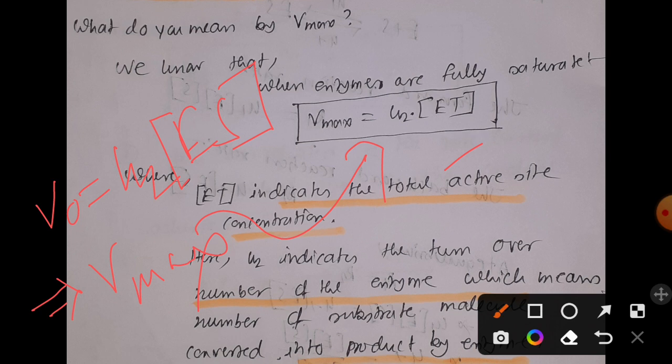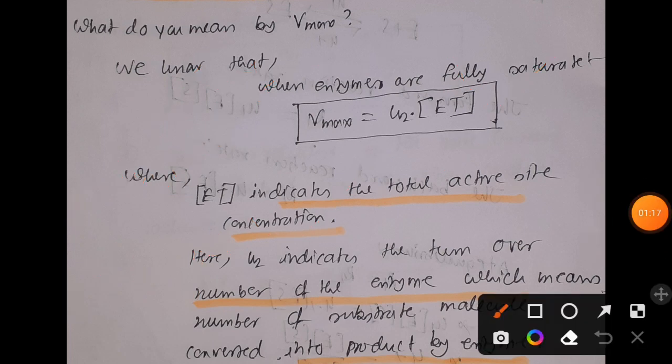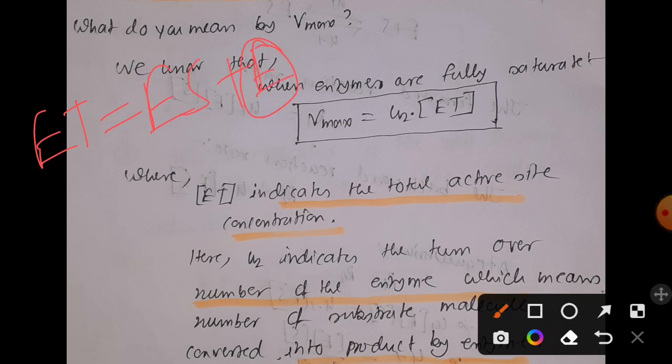So under such circumstances we can equate the enzyme substrate concentration with the total enzyme concentration, because remember friends, we have already discussed that ET is equal to ES plus E, where E is the free enzyme concentration, and at maximum velocity there will be no free enzyme available, and as a result we will only end up with this relation. And that is why Vmax is equal to K2 ET.